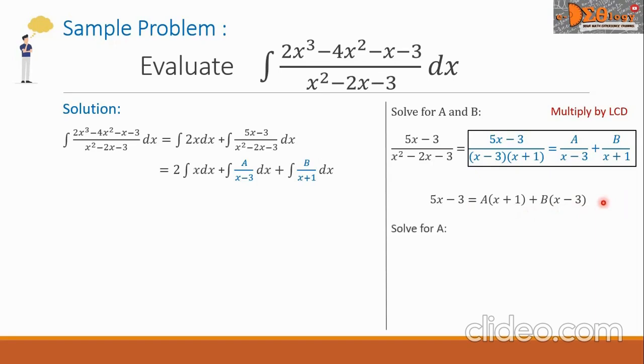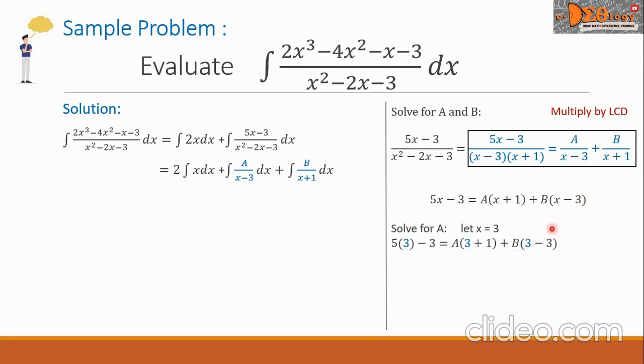First, let us solve for A. It means we will try to eliminate B. Let us think of a value of x so that B would be eliminated. We let x be equal to 3. Substituting 3, 5x minus 3 becomes 5 times 3 minus 3 on the left side equals A times (x plus 1 becomes 3 plus 1) plus B times (x minus 3 becomes 3 minus 3).